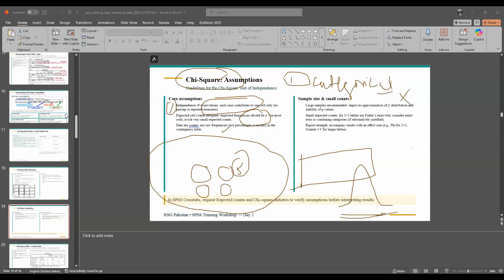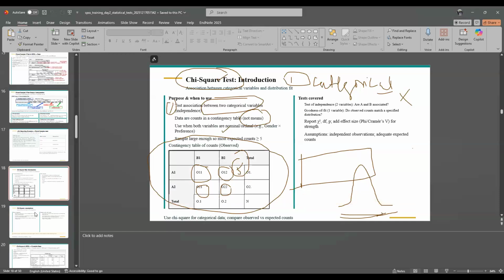The larger the sample, the more accurate the results. When the values in your contingency table are less than 5, we use the Fisher exact test.